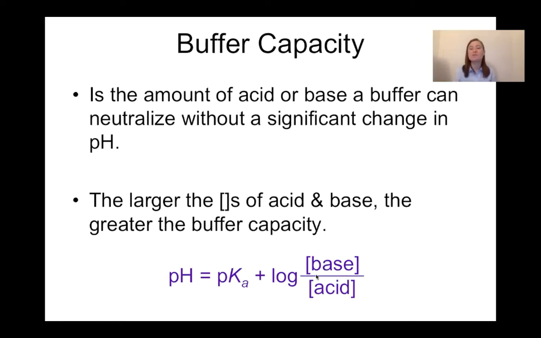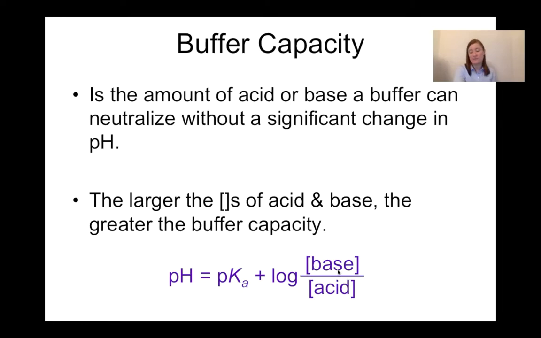So if I'm starting with a molarity of 1 molar acid and 1 molar base, and I add a small amount of strong acid, those concentrations won't change very much, and so this ratio will stay roughly the same, and the pH will stay roughly the same. But if I started out with a concentration of 0.01 molar acid or base, then when I drop in a little bit of strong acid, that ratio is going to change more dramatically.